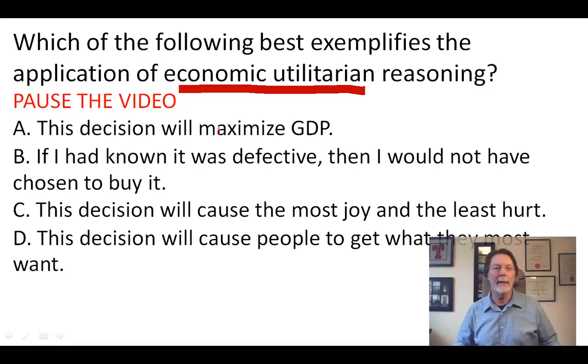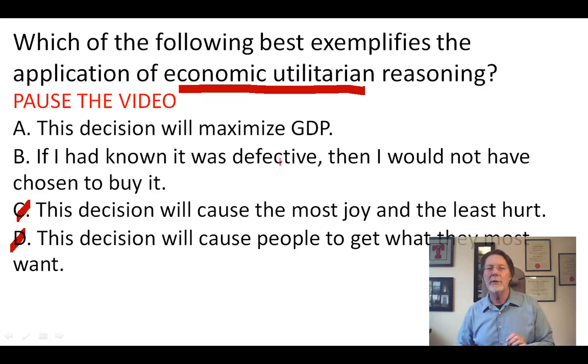Okay, welcome back. Let's have a look here. Economic utilitarian reasoning. Let's start here at the bottom. The decision will cause people to get what they most want. That is an obvious statement, and we've seen it before, of preference satisfaction utilitarianism. This decision will cause the most joy and the least hurt. Joy, pleasure; hurt, pain. This is sensation-based.